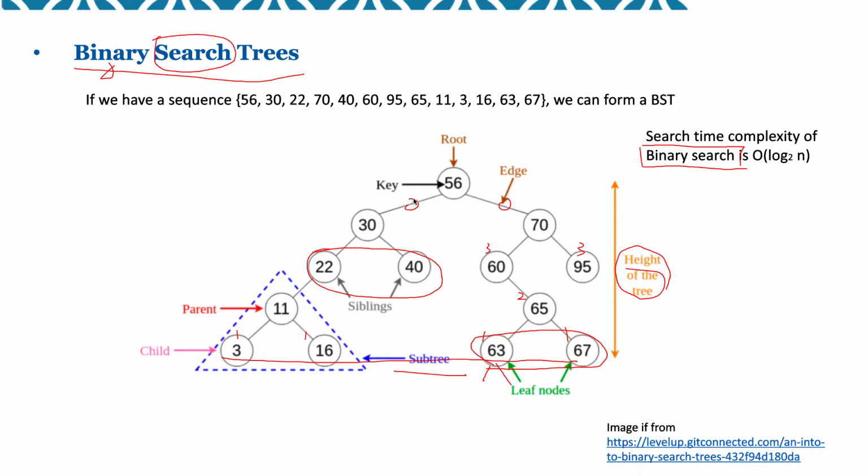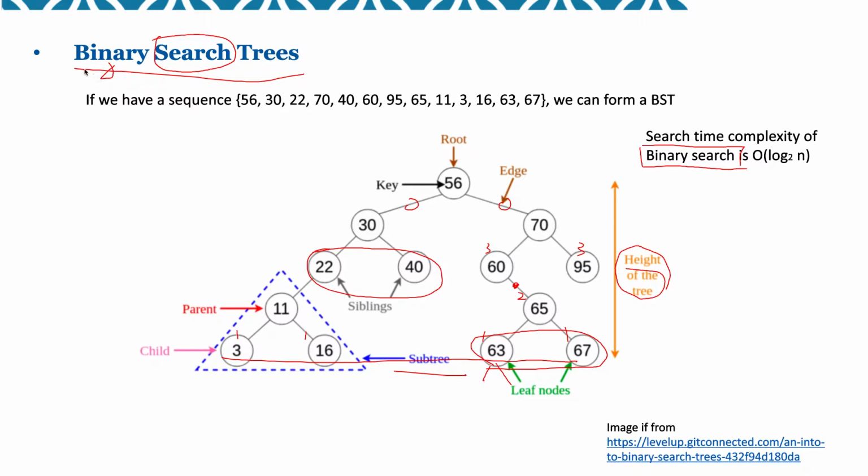The binary tree is quite simple. It just defines a tree in which the maximum number of edges for each node is 2. So up to 2 edges for each node. The node could have 1 edge, could have 2, could have 0, but not more than 2.